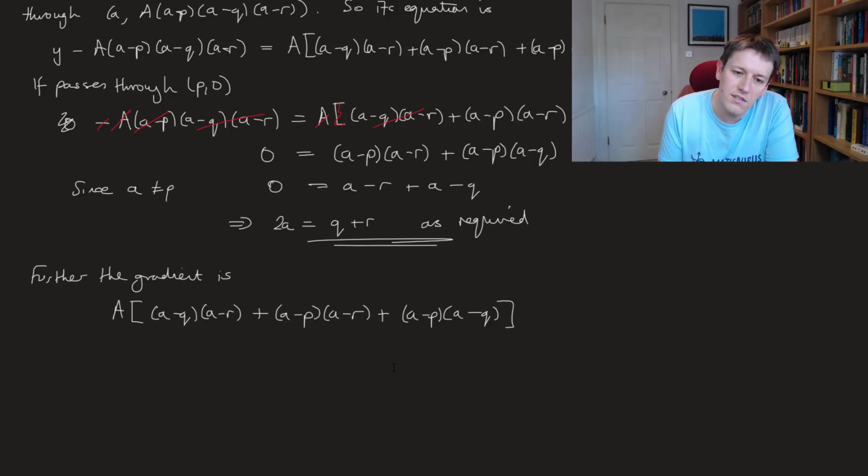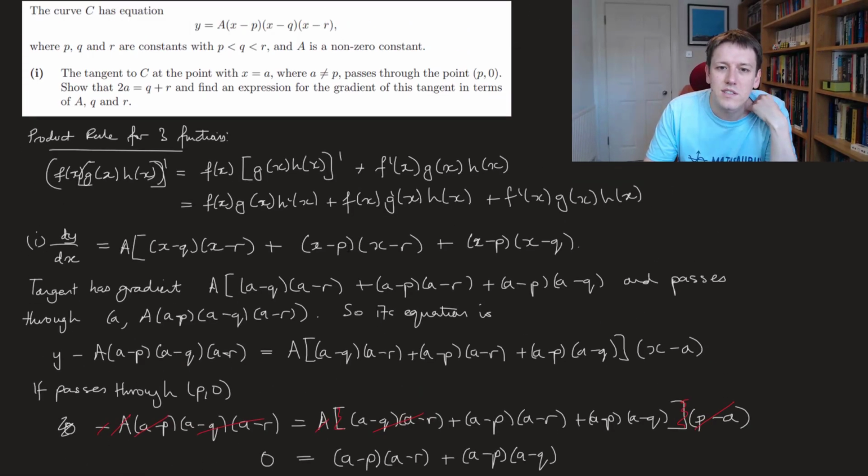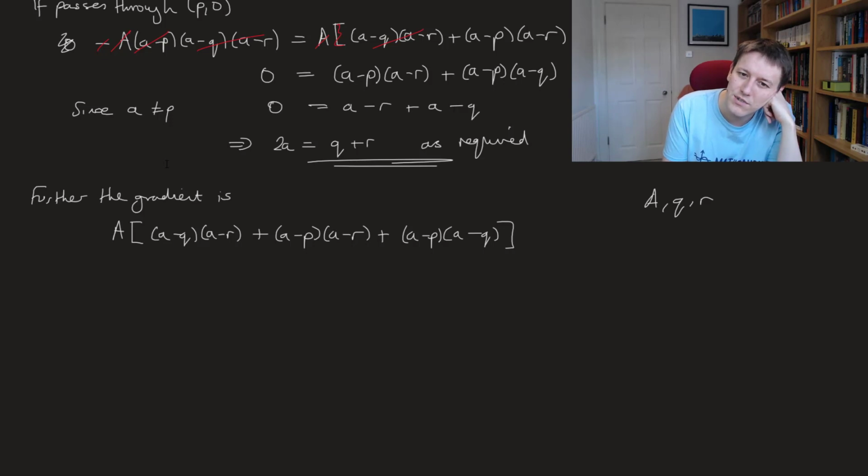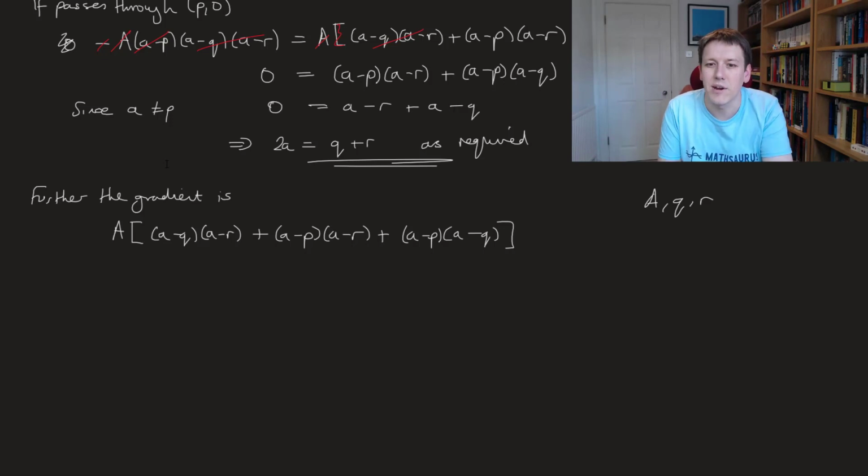Now this is an expression for the gradient, but we're asked to get it in terms of a, q, and r, right? So we need to only have the variables or the constants a, q, and r in here, right? So obviously I can use this thing that I've written down before to somehow get rid of the p that would be here, right?